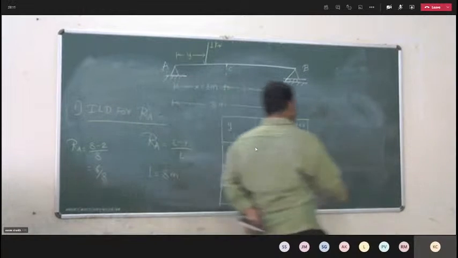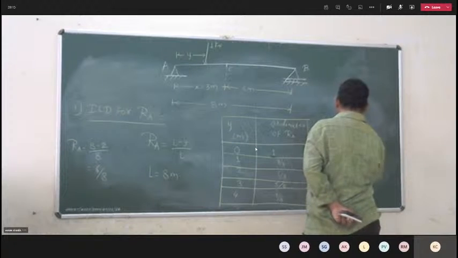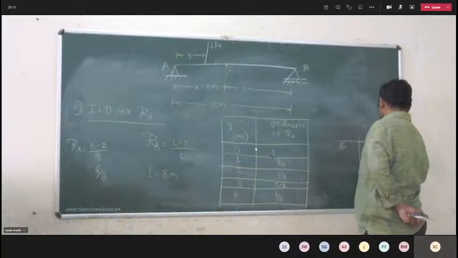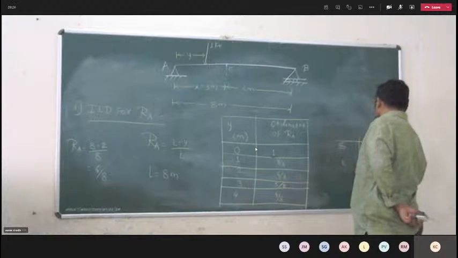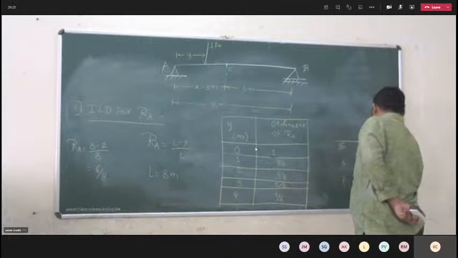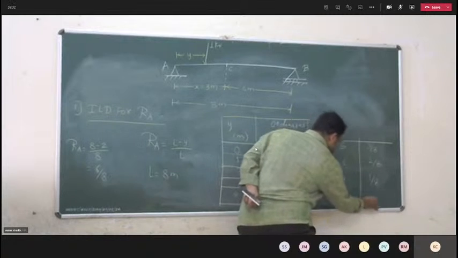Then similarly, at a distance 5 meter from left support, ordinate of RA is 3 by 8. Then at 6 meter it is 2 by 8. At 7 meter it is 1 by 8. And at 8 meter it is equal to 0.